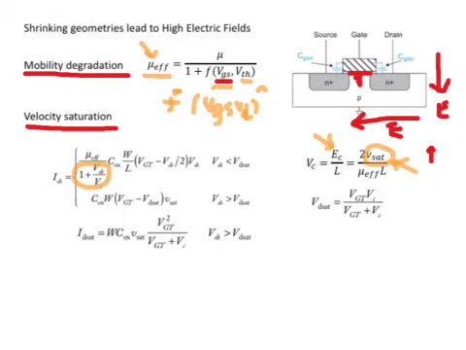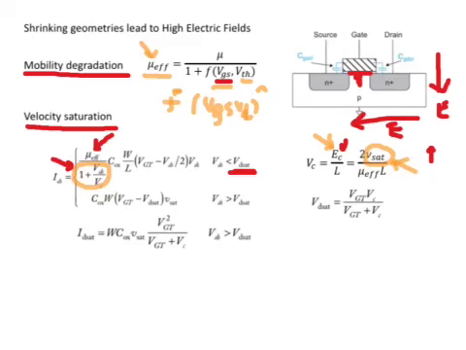The current voltage model of such short channel devices in the linear regime, when VDS does not exceed E critical, does not exceed some saturation value, VDS sat, the magnitude of the current is correspondingly reduced by both the velocity saturation term here and the degradation of the mobility here.